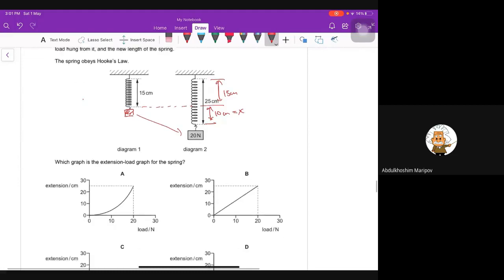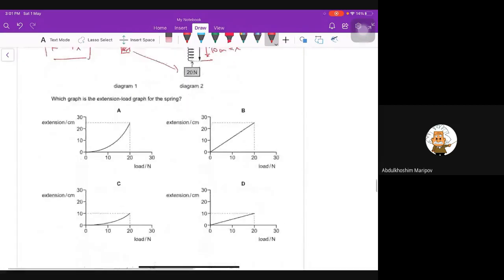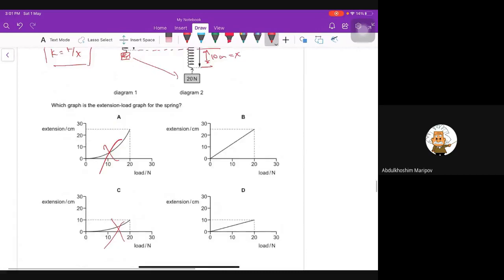The spring obeys Hooke's law. Hooke's law: force equals k times x, or k equals force over x. This relationship is Hooke's law. So which one is the diagram of this? It will be a straight line. Hooke's law, straight line. So we ignore these two directly. So B or D. Let's see.